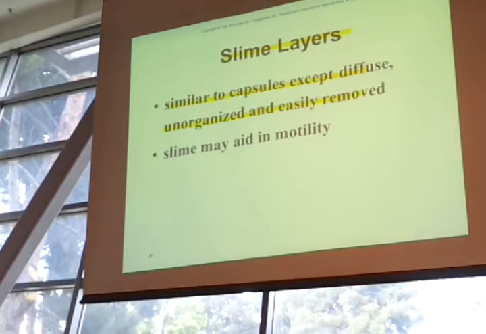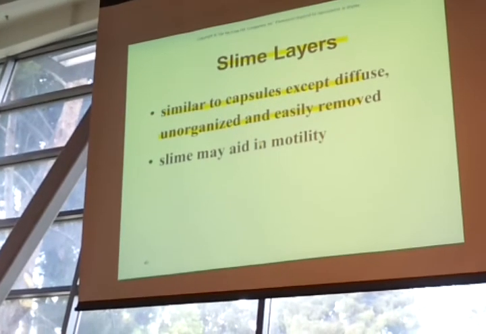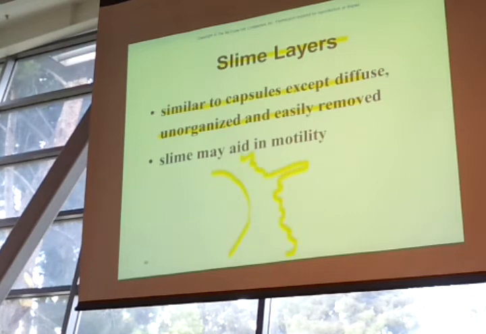It doesn't have an outer edge. So you have a capsule like this, and then the slime layer could be something like that. It gets less and less organized as it goes out until it's kind of part of that environment. The slime layer can also help it move along in that slimy layer.